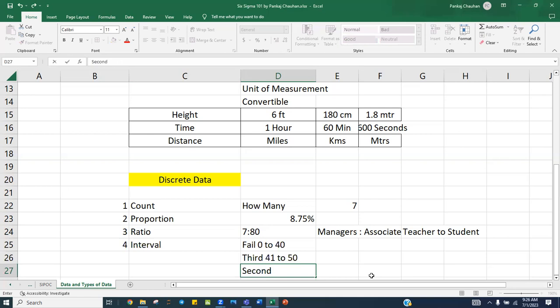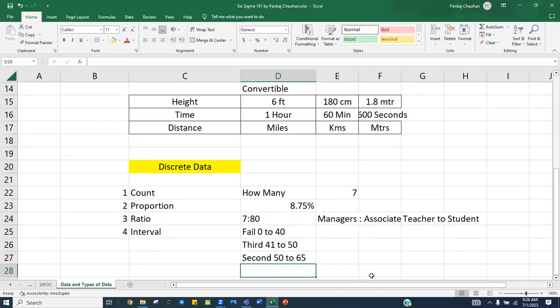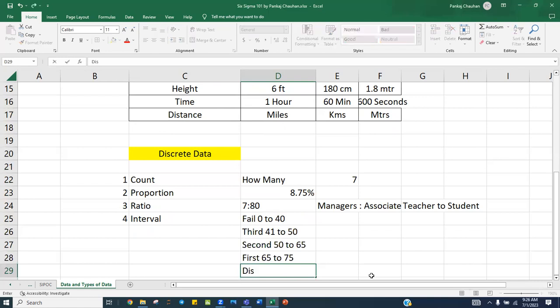So second division will start from 50 to 65. They have passed the exam with the first division. First will start from 65 to 75. And they have passed the exam with the distinction. So that will start from 75 plus.